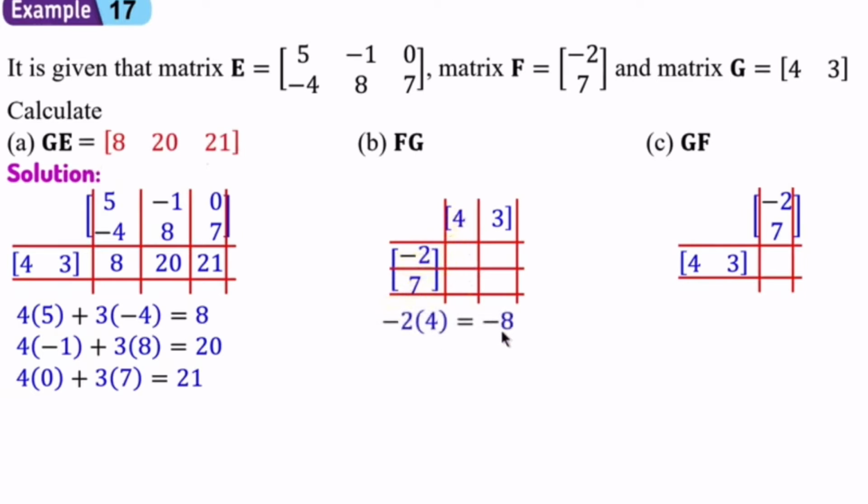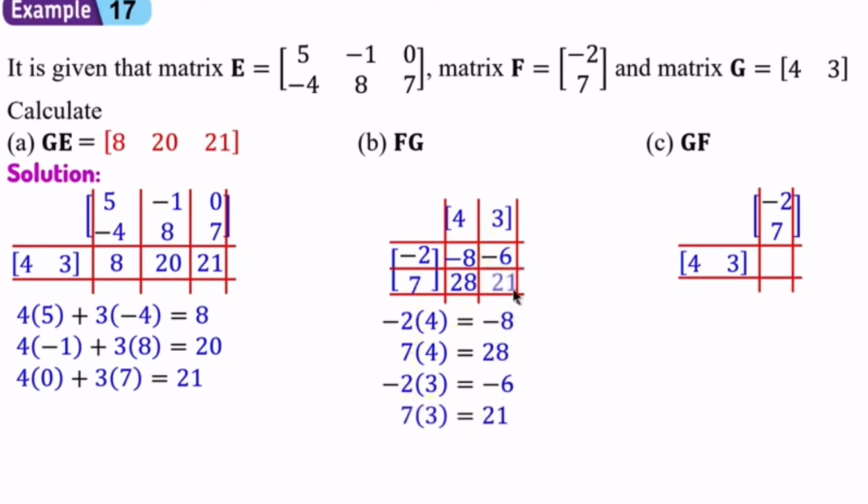Now for the other product, we take negative 2 times 4, which gives negative 8, and 7 times 4, which will be 28. And then negative 2 times 3 is negative 6, and 7 times 3 is 21, right?